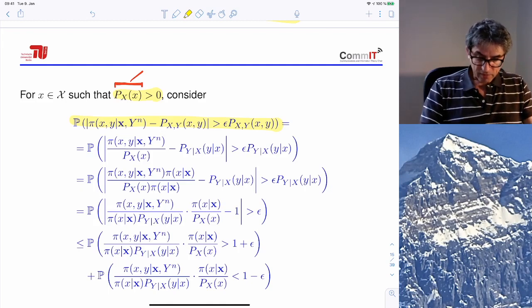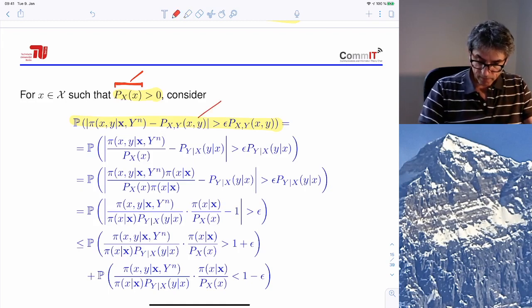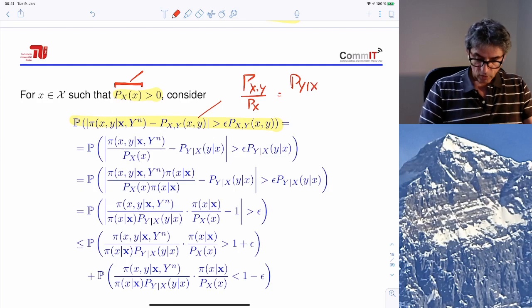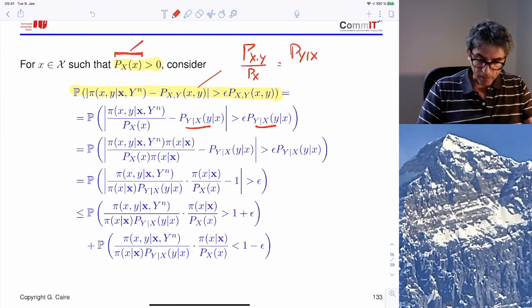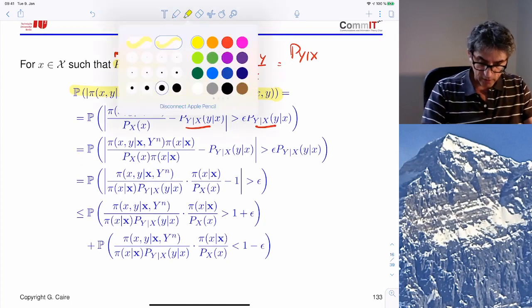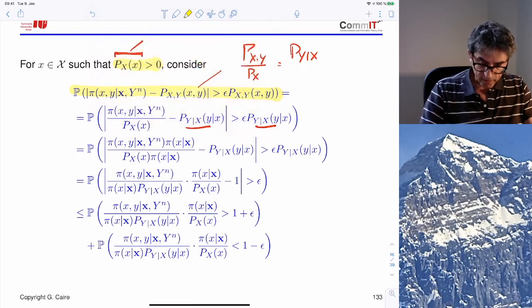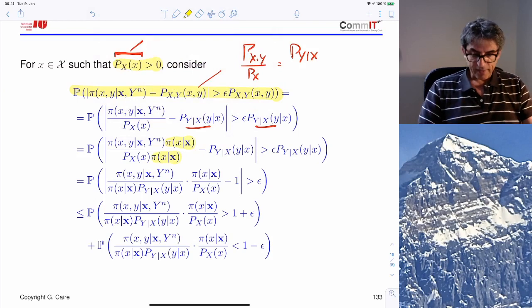So what happens when we divide the joint probability by p(x)? Well, remember, the joint probability p(x,y) divided by p(x) gives me p(y given x). So we have it here and here. Then we multiply and divide this term by the individual empirical frequency of the letter x in the sequence x.